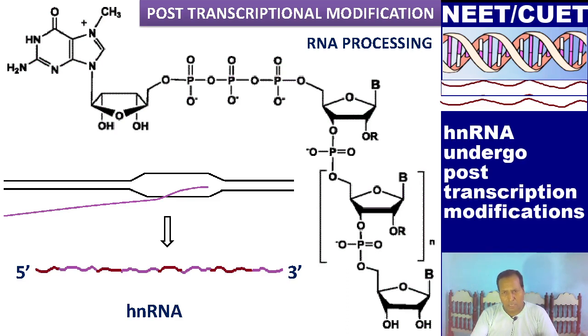After being transcribed, a nascent RNA molecule of a eukaryotic organism must undergo post-transcriptional modification because this hnRNA, that is heterogeneous nuclear RNA molecule, contains several non-coding sequences known as introns, which are not required for protein synthesis.